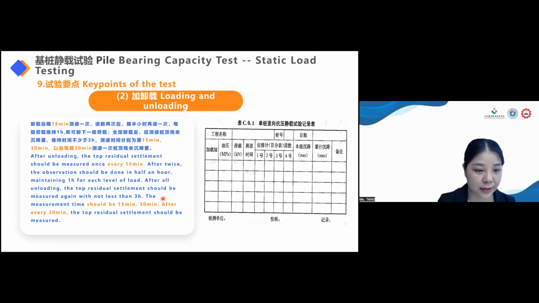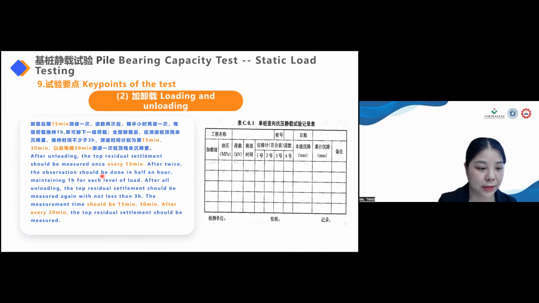After unloading, the pile top residual settlement should be measured once every 15 minutes. After twice, the observation should be done every half an hour, maintaining 1 hour for each level of load.